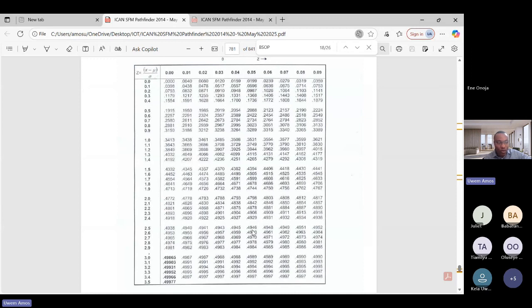So you can just note it down somewhere. And let's look at the second one, which is 1.76. So this is 1.4, this is 1.7. So let's find 6. This is 1.70, this is 1.71, 1.72, 1.73, 1.74, 1.75, 1.76.